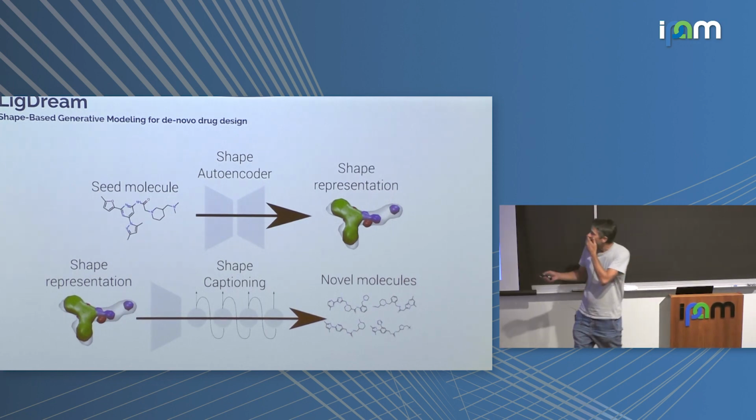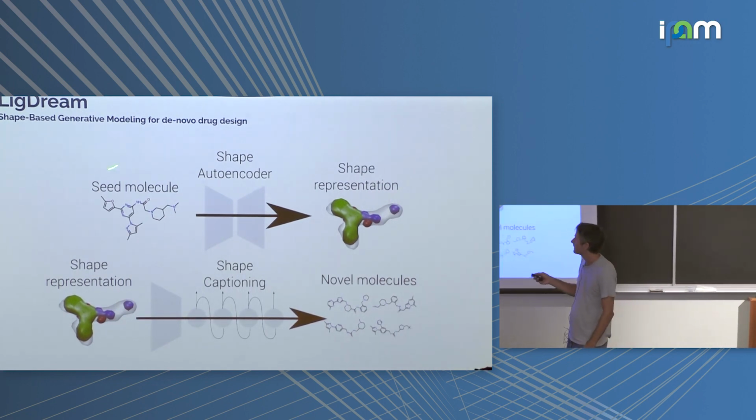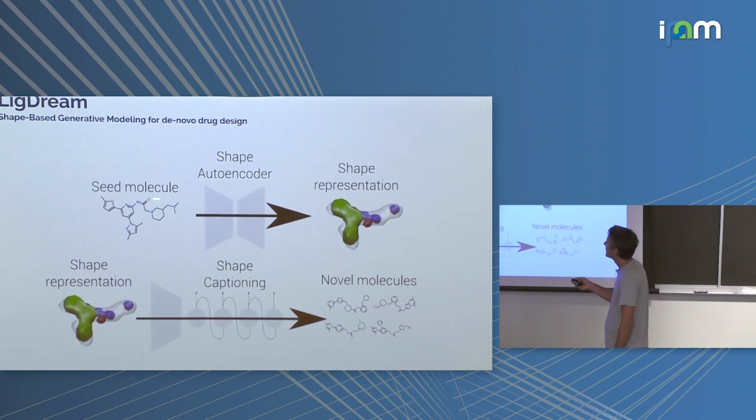So we first, for instance, in the case of Leak Dream, which is the generative model, start from a seed molecule, we shape it, we create a lot of conformers, we create the shapes, the voxelization, which in this case is this one, and then from the shape we do captioning.